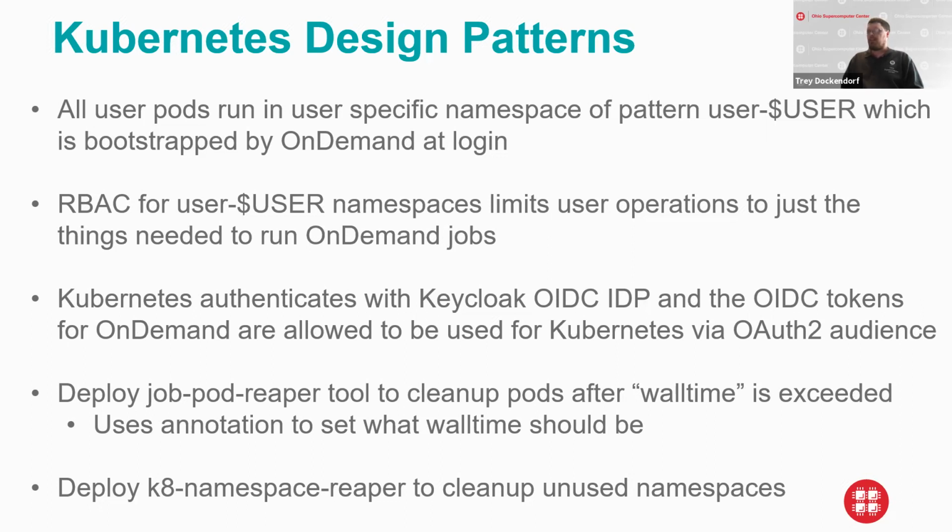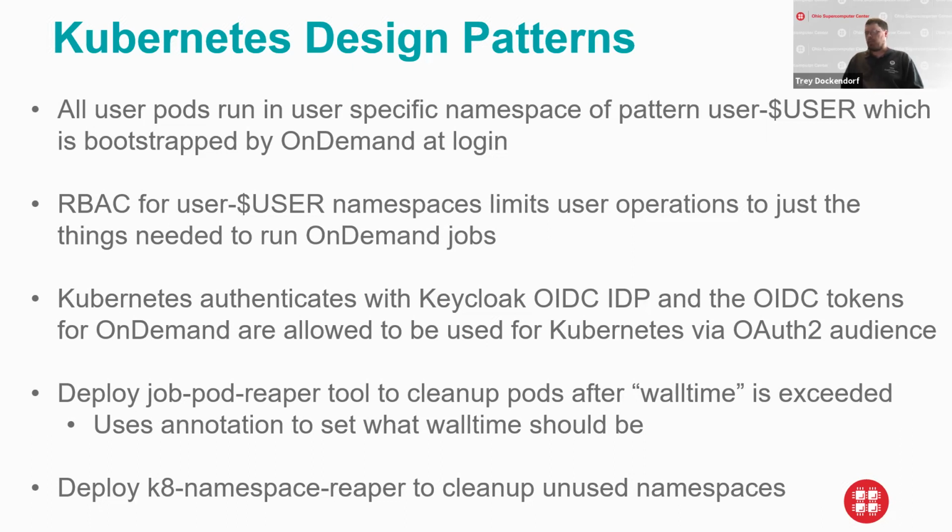Kubernetes itself authenticates with our Keycloak OpenID Connect IDP, and we used OAuth 2 audiences to allow the OnDemand tokens to also be valid for Kubernetes, which I'll cover in a few other slides.